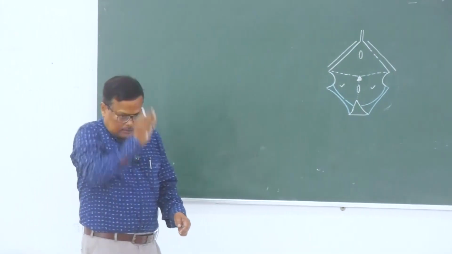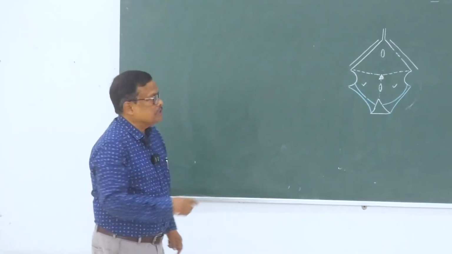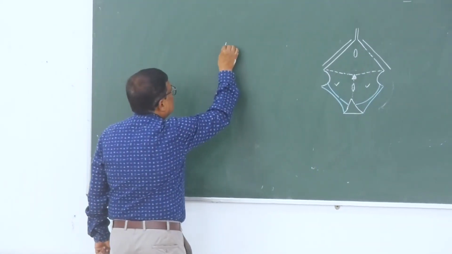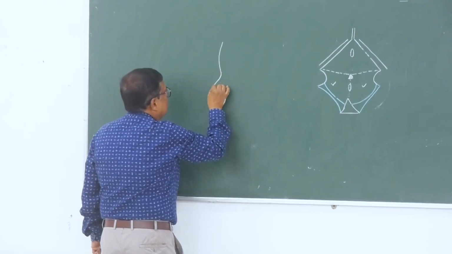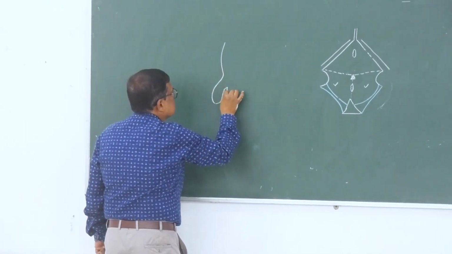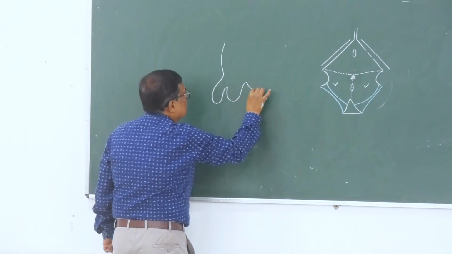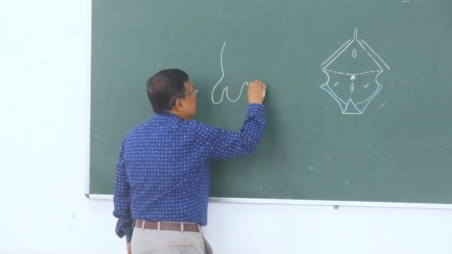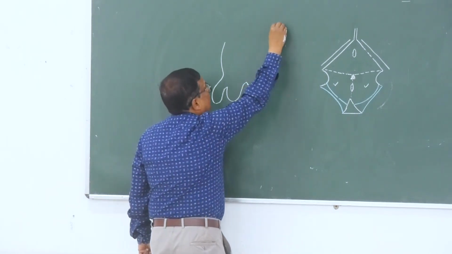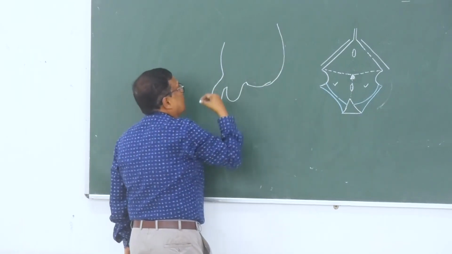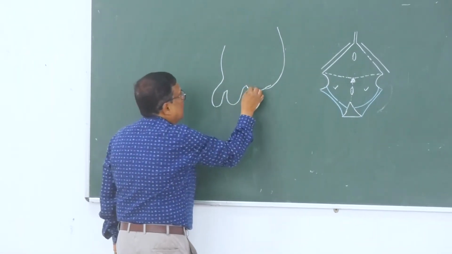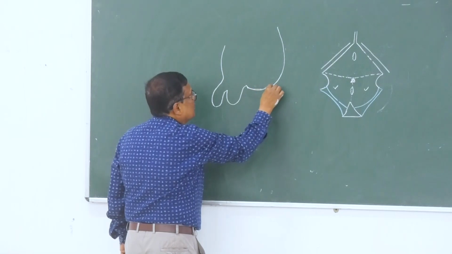So if we cut in this section, a coronal section in a male, this is the anterior abdominal wall, this is the penis, this is the scrotum, this is the perineum, behind this is the perineum, and this is the posterior abdominal wall, right? And it is the skin.